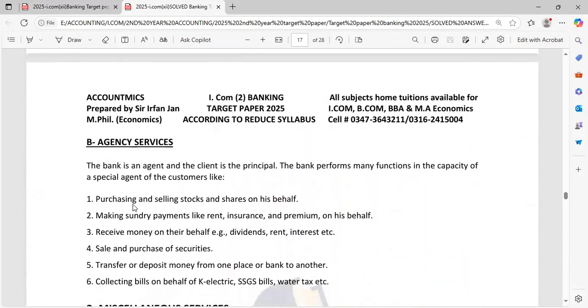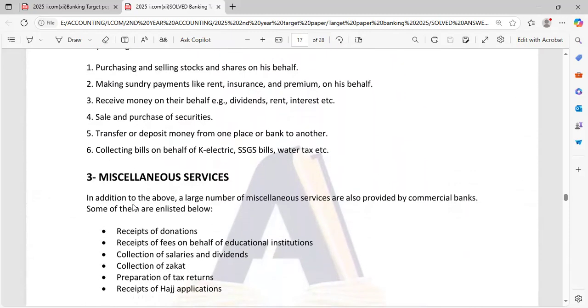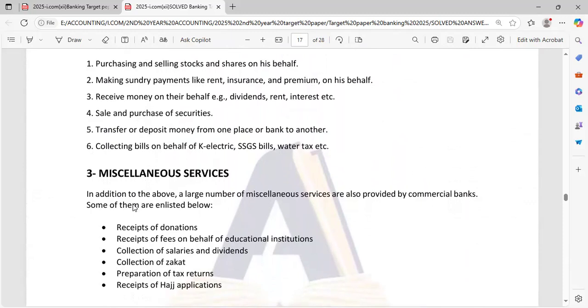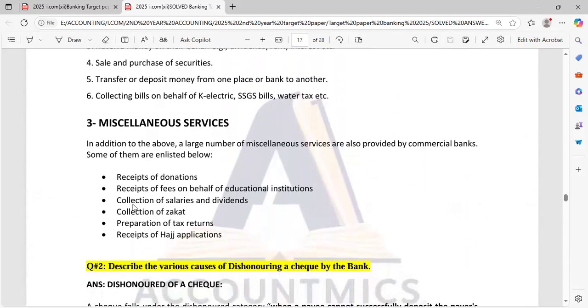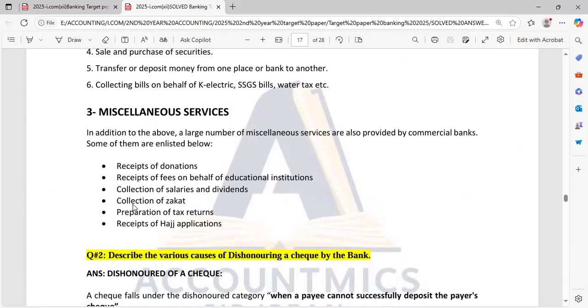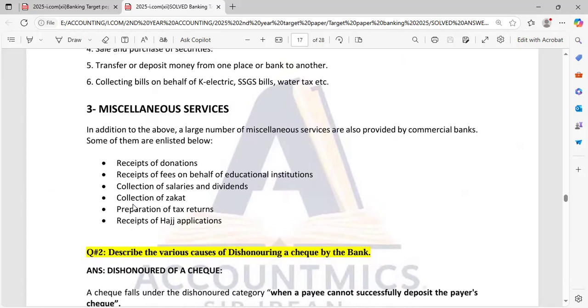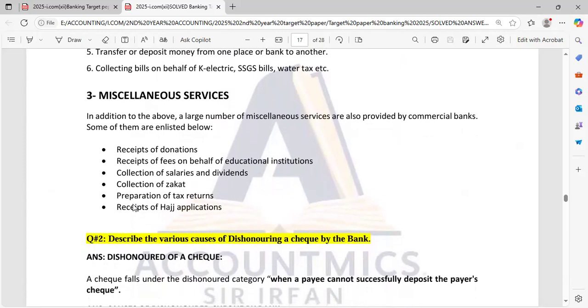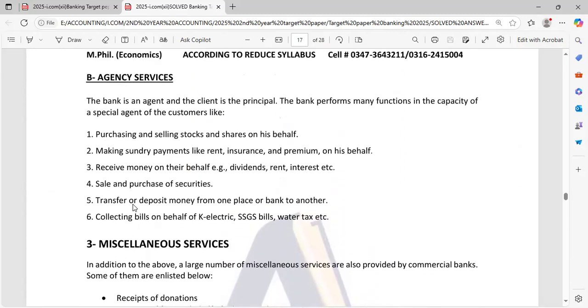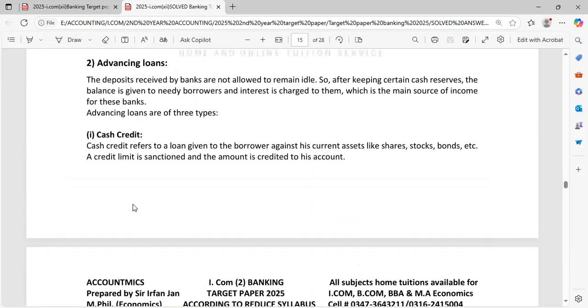It includes the purchase and selling of shares, making payments like insurance, receiving money on behalf of dividend, sales or purchase of securities, transfer or deposit of money, collecting of bills, just like electric. Then the miscellaneous: receipt of donation, receipt of fees, collection of salaries, collection of zakat, preparing tax return, receipts of Hajj application.